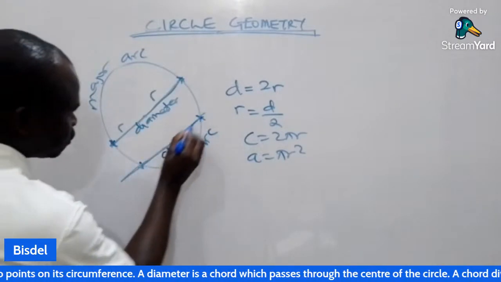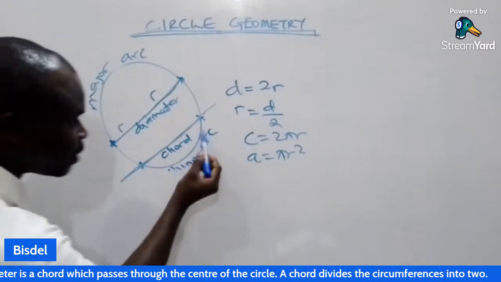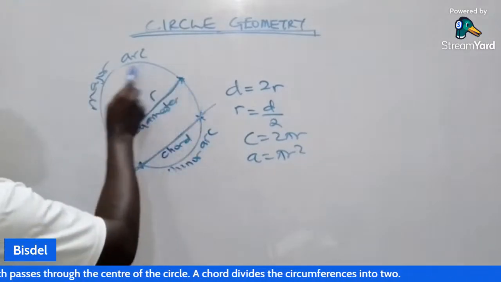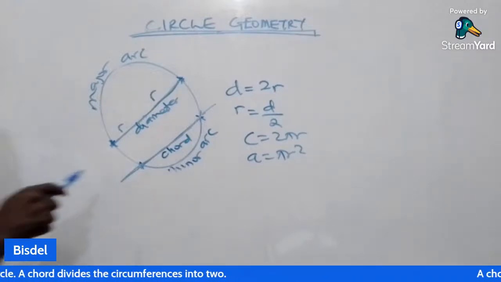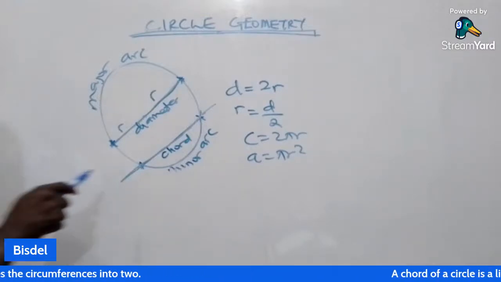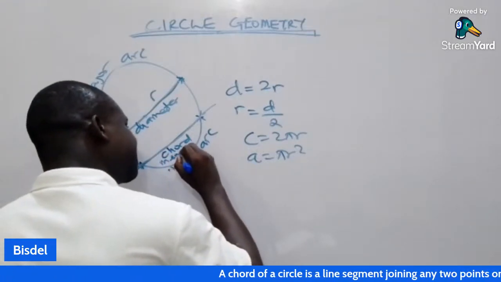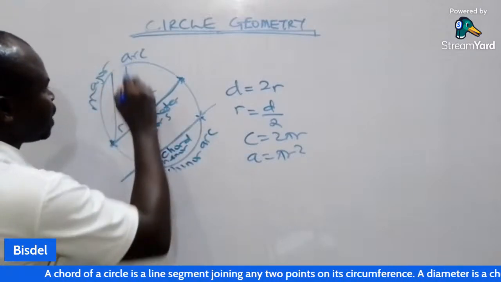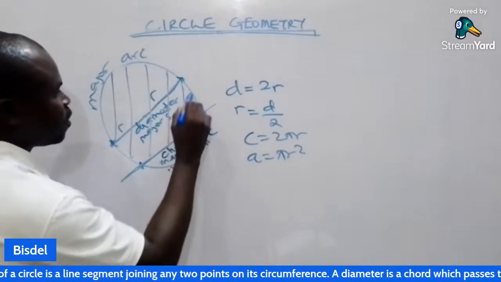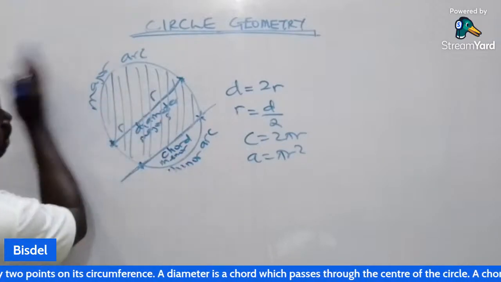If this is the chord, the circumference from here to here, this smaller part, is called the minor arc, and the bigger one is called the major arc. Then this same chord divides the circle itself into a minor segment and a major segment. If I shade this place, the shaded portion is called a segment. This is the major segment, the bigger one.